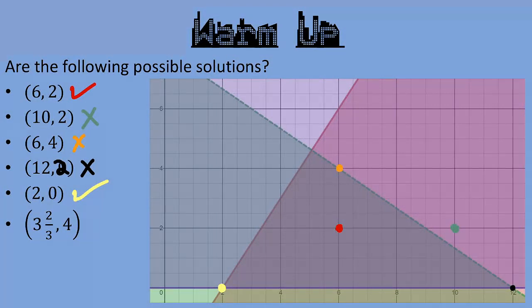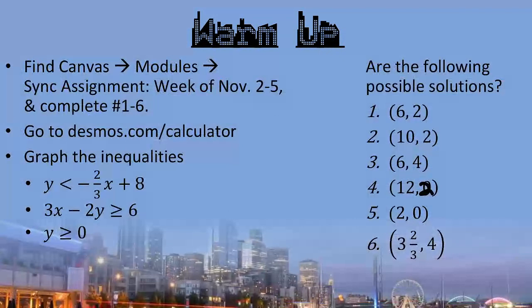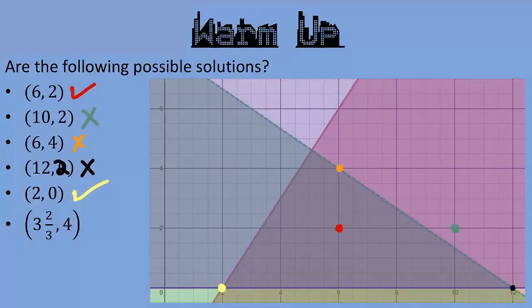(3 2/3, 4). Oh no. 3 2/3. So somewhere in here, somewhere. And 4, oh, is that (3 2/3, 4)? I did not do what I wanted to do.